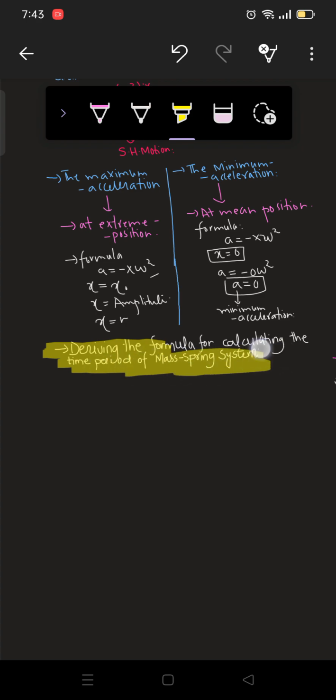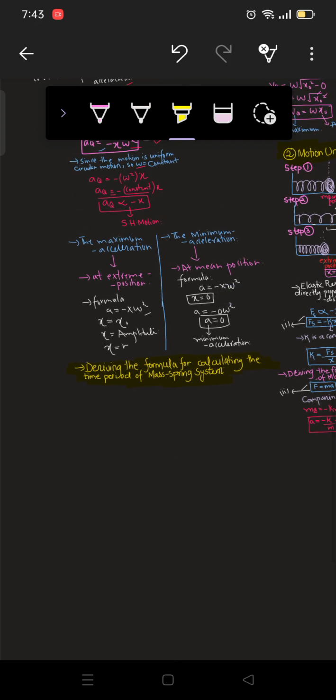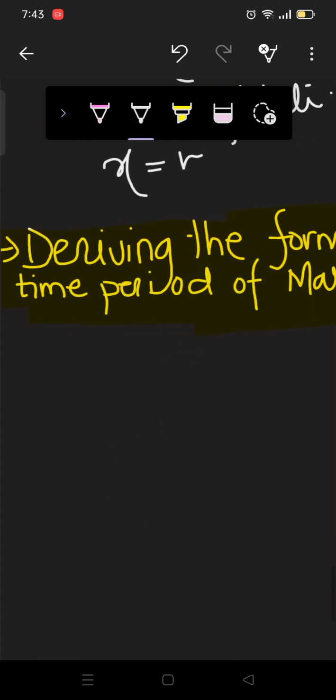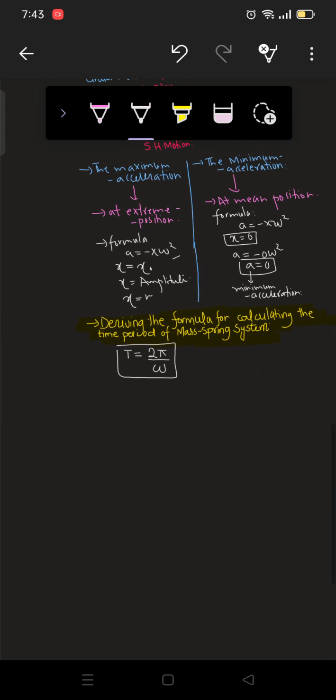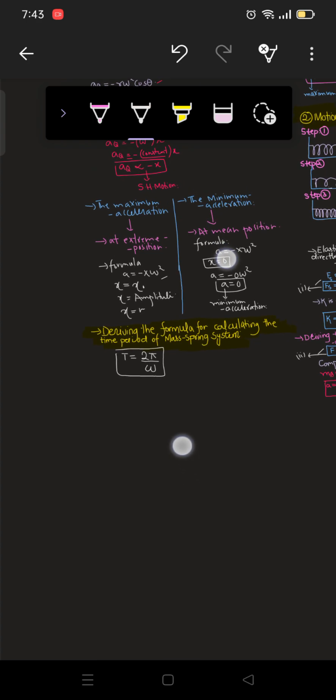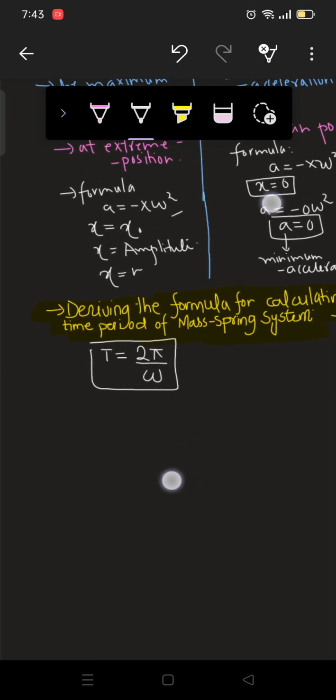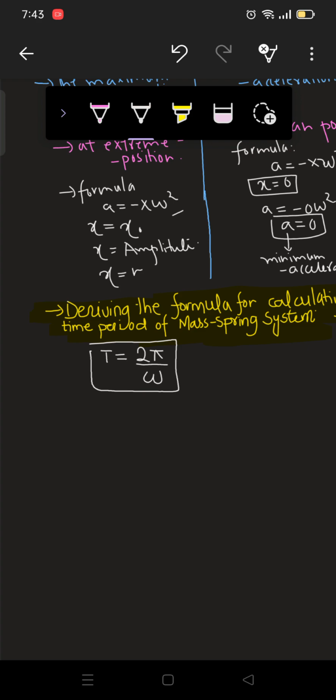So initially we need to start with the general formula for finding the time period of anything. T is equal to 2 pi over omega. Now see, this formula we can use in uniform circular motion to find the time period, but we cannot use it in the mass spring system or in the motion under elastic restoring force, since we don't have omega here, right?